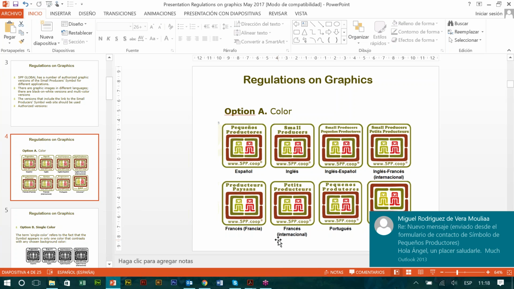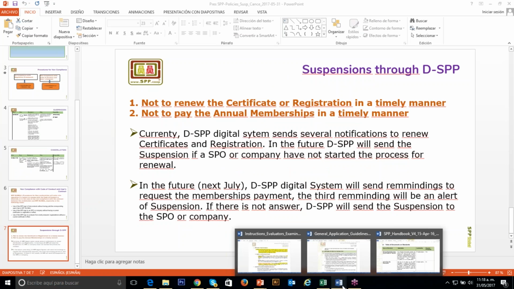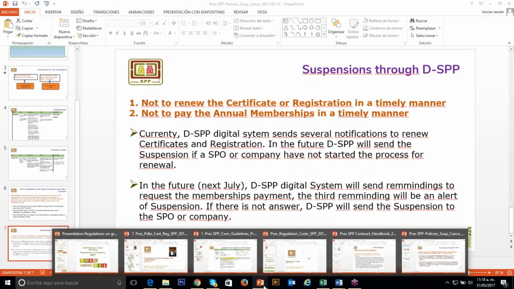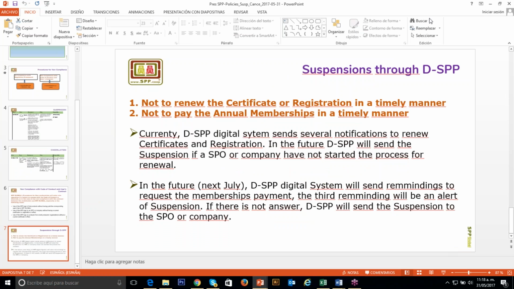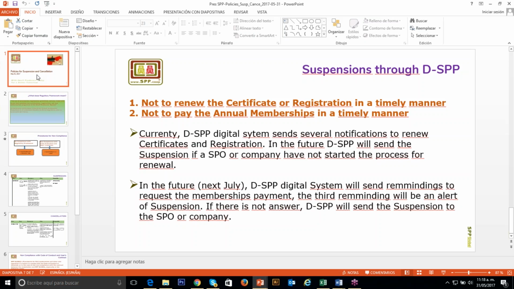Then I will change again the presenter. And finally, we have another presentation that is the policies for suspension and cancellation of the certificates and registration.